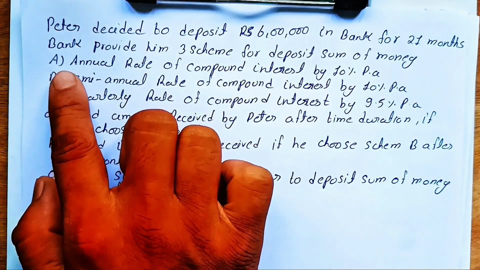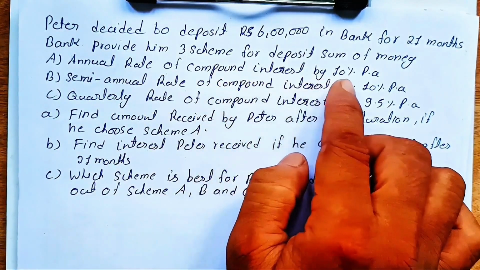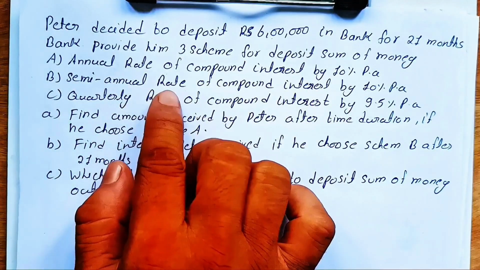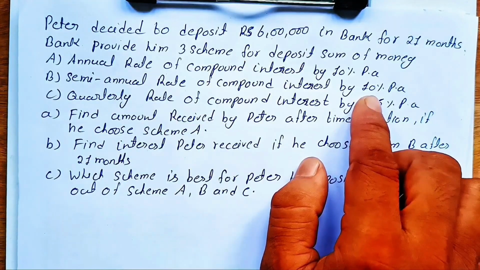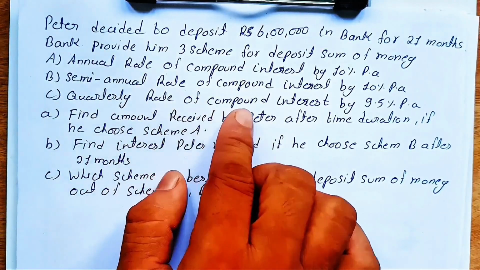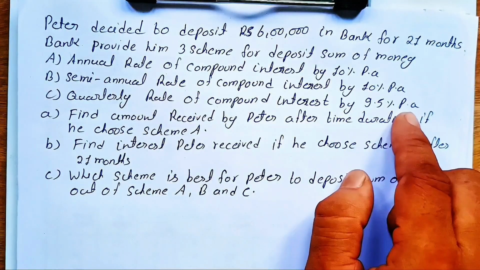Scheme A is annual rate of compound interest of 10%, semi-annual rate of compound interest of 10%, and quarterly rate of compound interest of 9.5% per annum.